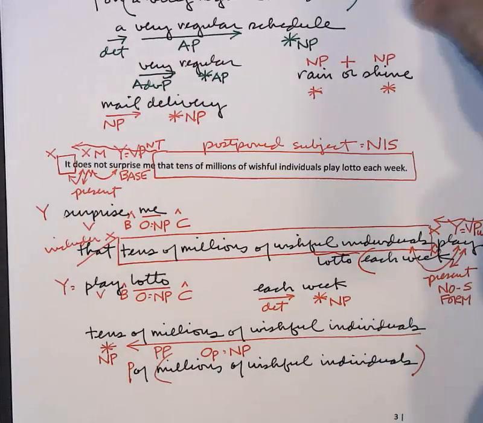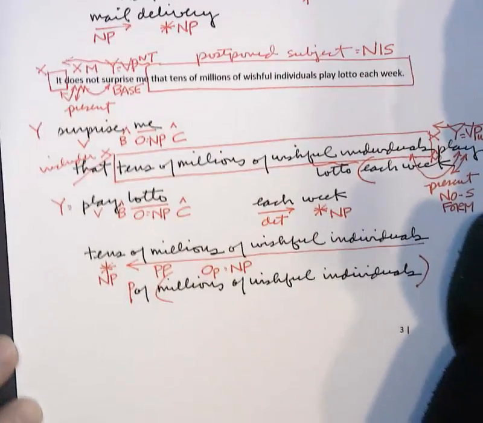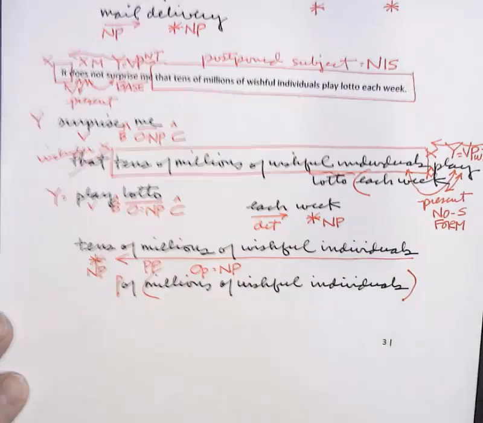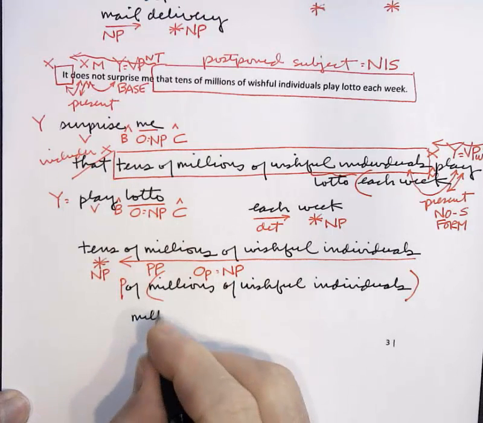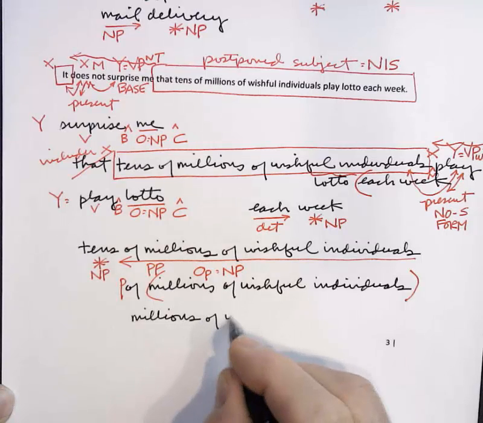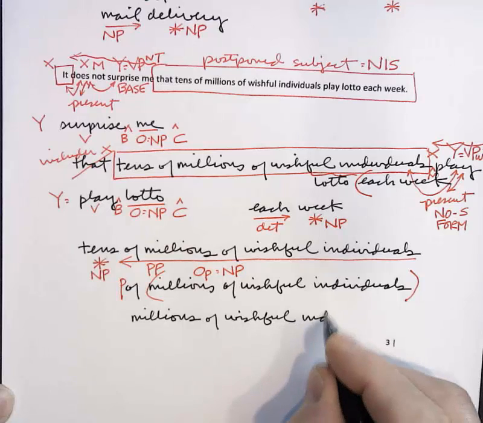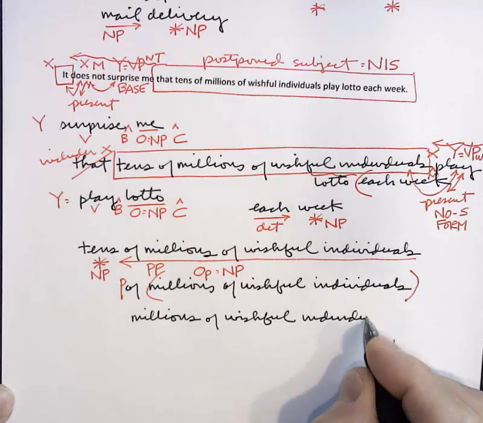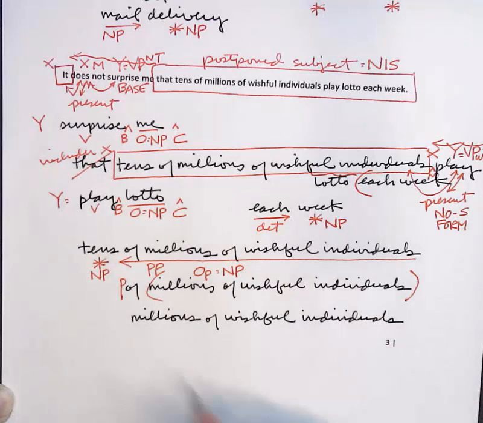Let's rewrite it. And we'll give ourselves a little bit more room here. Push that up a little bit. Millions of wishful individuals, and millions is the head, and millions is also a noun phrase.